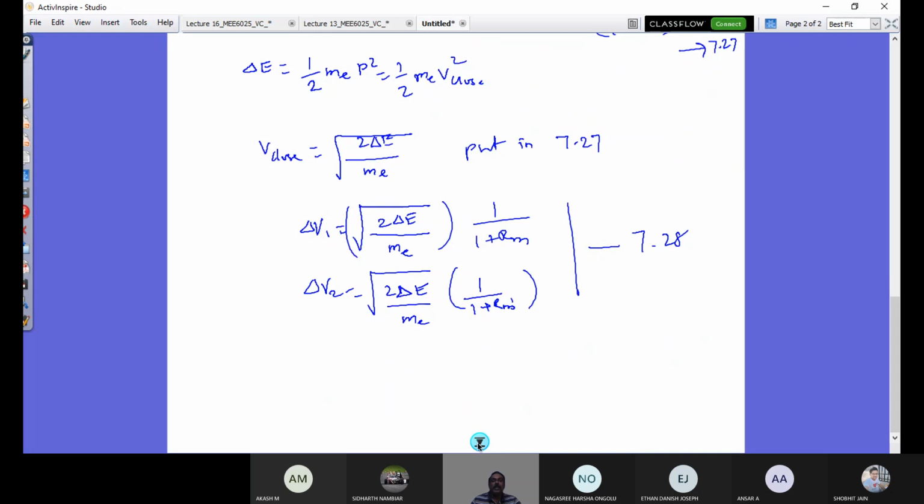If I take the ratio delta V1 by delta V2, what will I have here? You can do that simply; it can be calculated from this if you know the crush energy. So you can find out this change in velocity. Now from this 7.28, what does that infer?